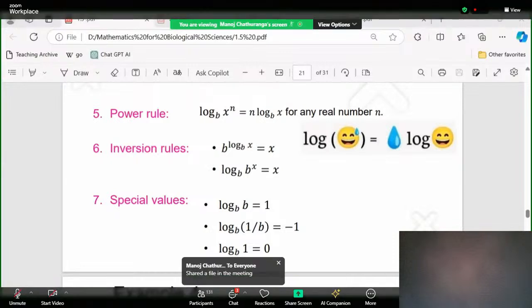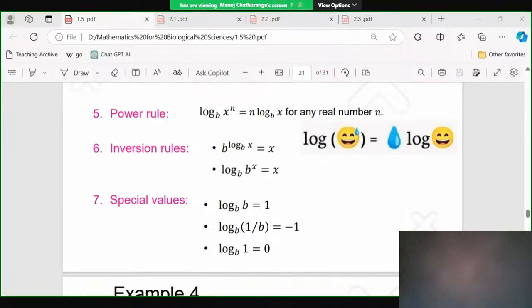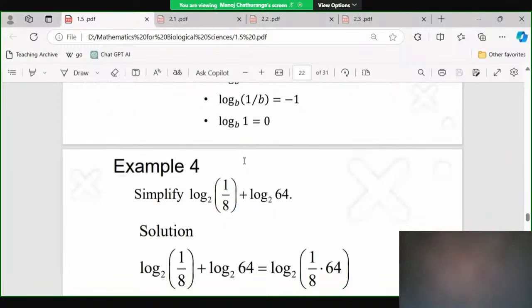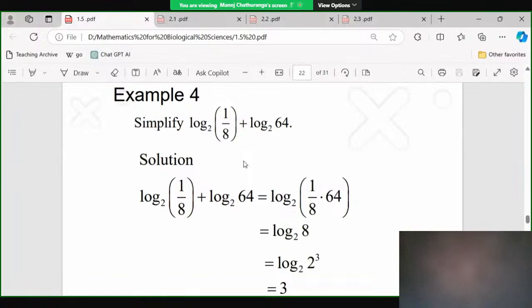All right, so let me quickly go through some applications of log functions. Some examples with log functions.